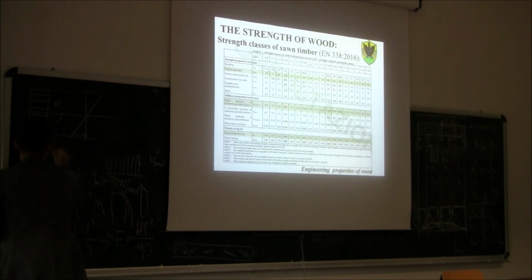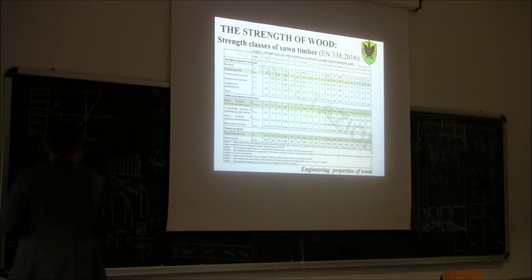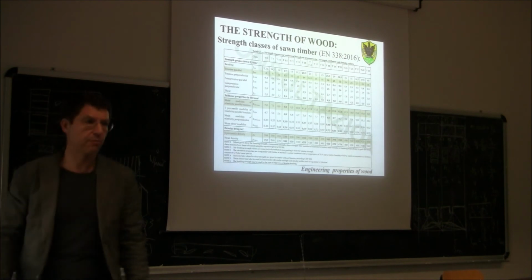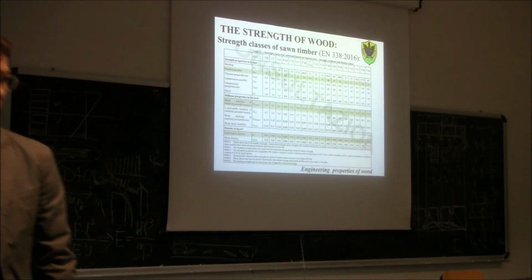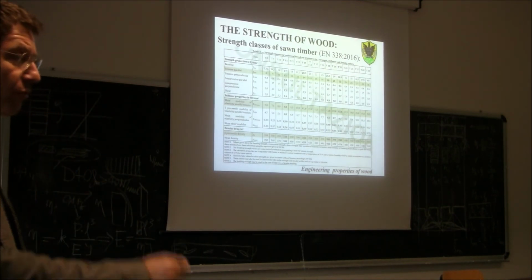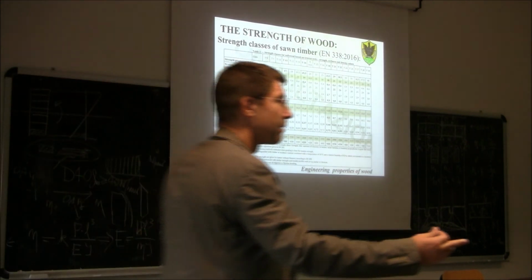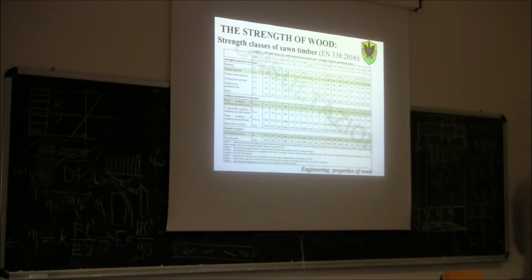So, this is my cross section. This stress distribution here, where does it come from? Does it come from tension, from bending, or from tension coupled with bending? Perfect. Tension coupled with bending.